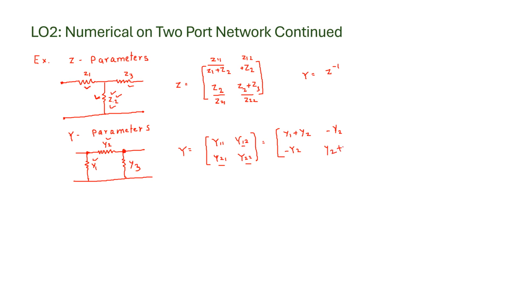This is how we can find the Y parameters for this reference network. Z parameters can be found by taking the inverse of the Y parameter matrix.